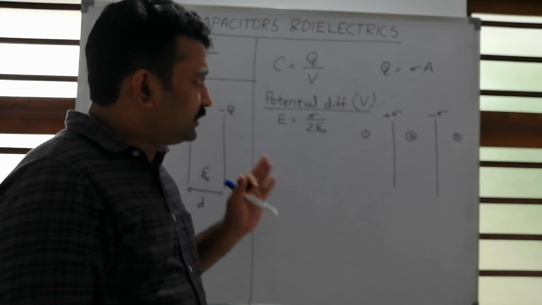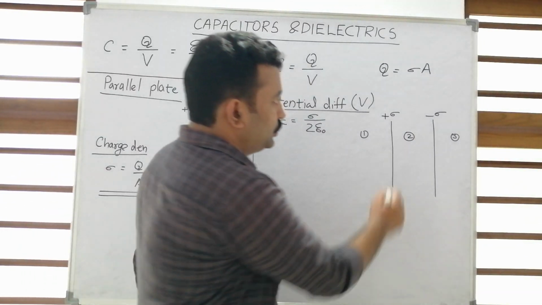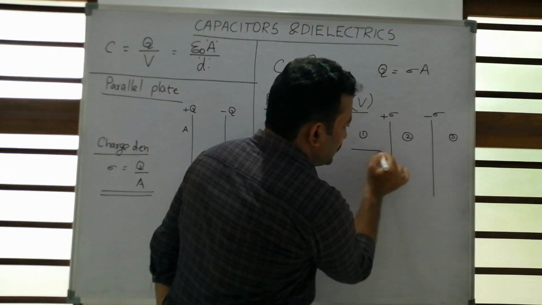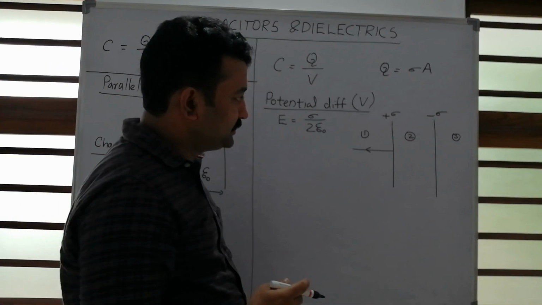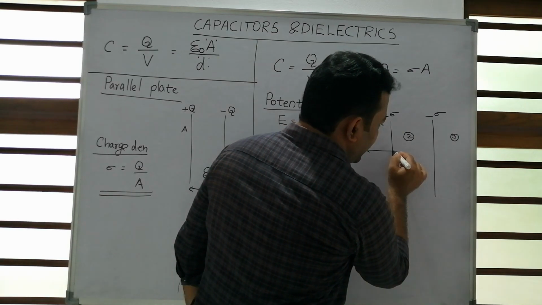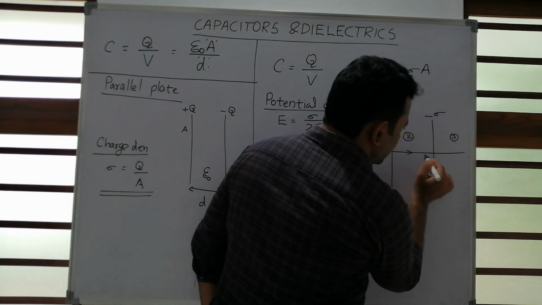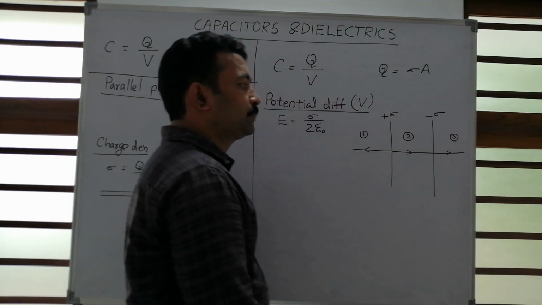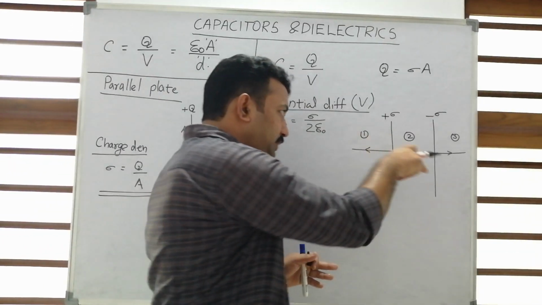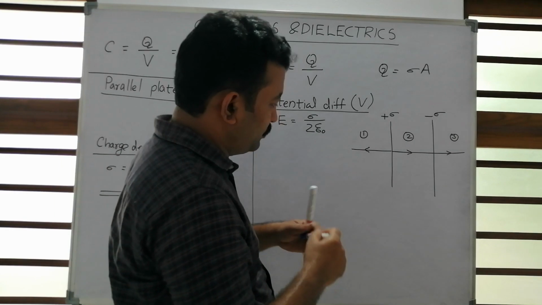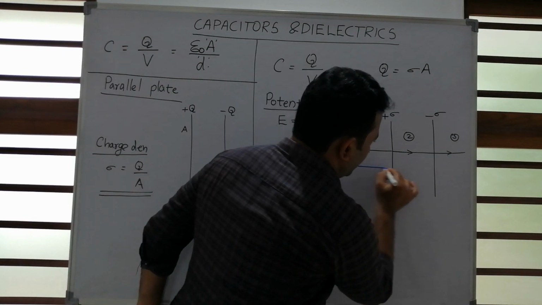Let us look at the directions of the electric field. Due to the plus charge, we know that the electric field is propagating in the outward direction. So in this direction, I can draw it like this. This will be the direction. And due to the negative plate, what will be the electric field? That is moving into the negative plate, so I will mark it with the negative direction.